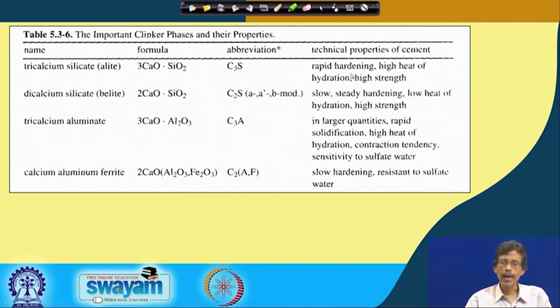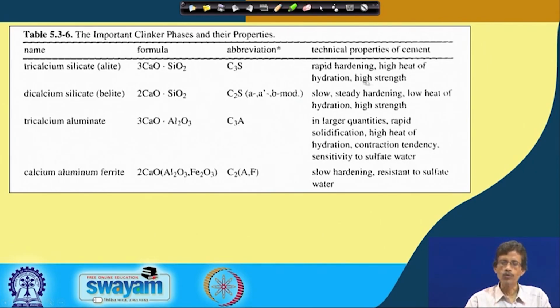So the first one will have the power of rapid hardening, high heat of hydration, because most of the time when we put cement, the calcium oxide reaction is highly exothermic in nature, which is nothing but your hydration reaction, but it has a very high strength. When you go for the dicalcium silicate, only the calcium oxide content is less, which is C2S, which is slow but has a steady hardening and low heat of hydration and high strength.